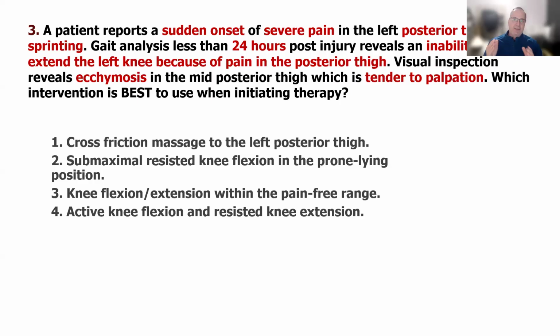And so this person has sustained an acute hamstring injury. So it says which intervention is best to use when initiating therapy. And I'll just jump ahead. So great job, 72% of you got this one correct. And I suspect that most of you who selected that focused on the fact that it said we're going to do things within the pain-free range, right?